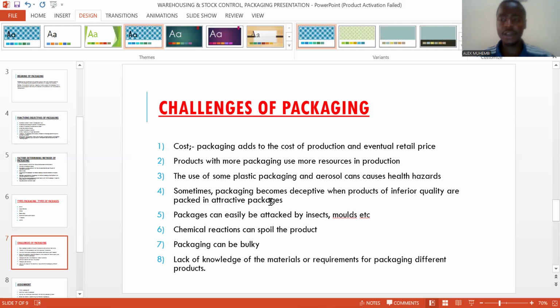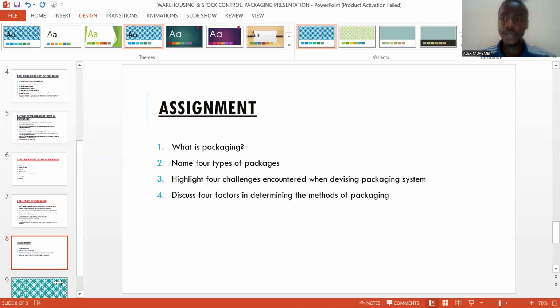So this is on the part of the people involved in packaging. They may lack the knowledge of the material or even the requirements for packaging different products, and that is a big challenge. So those are the challenges of packaging.